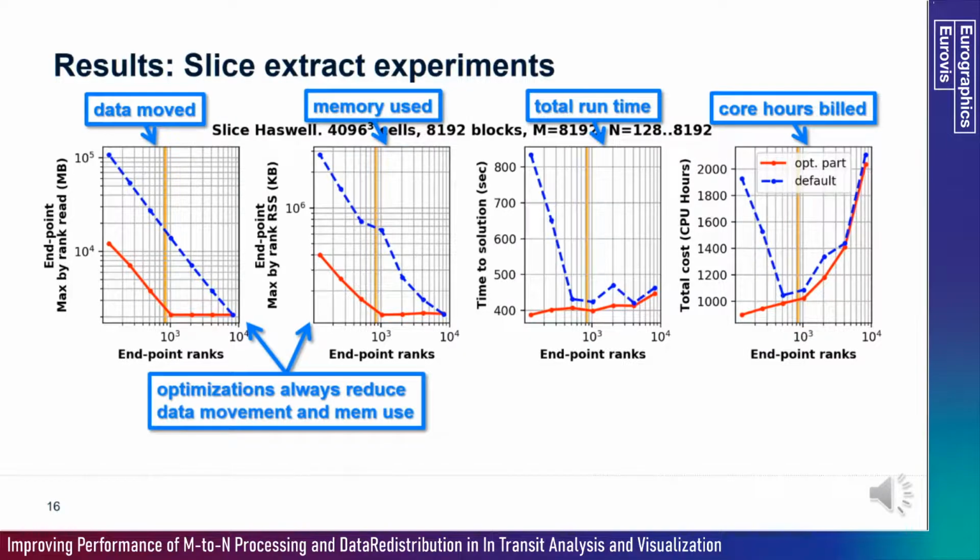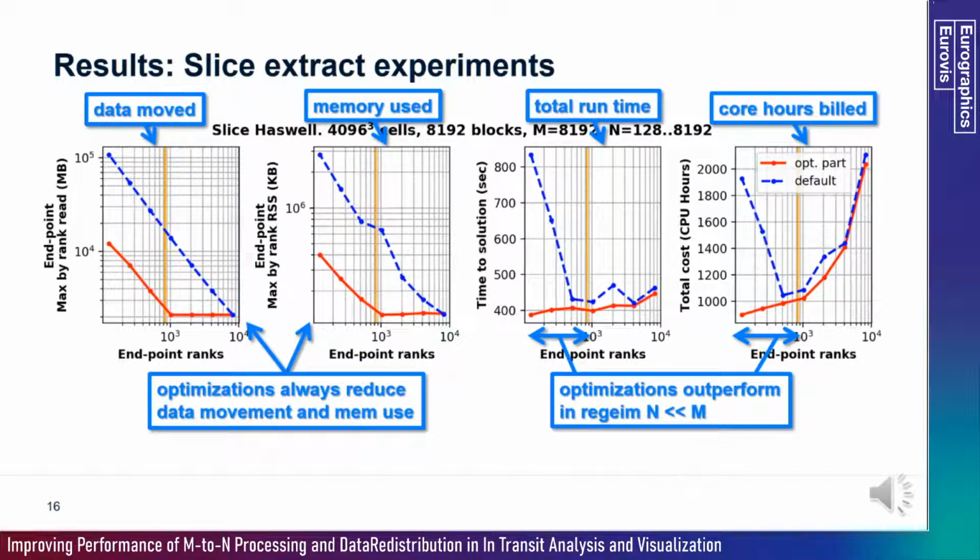The results are qualitatively very similar. The optimizations always reduce data movement and memory use. The optimizations outperform in the regime where n, the level of endpoint concurrency, is much less than m, the level of simulation concurrency.